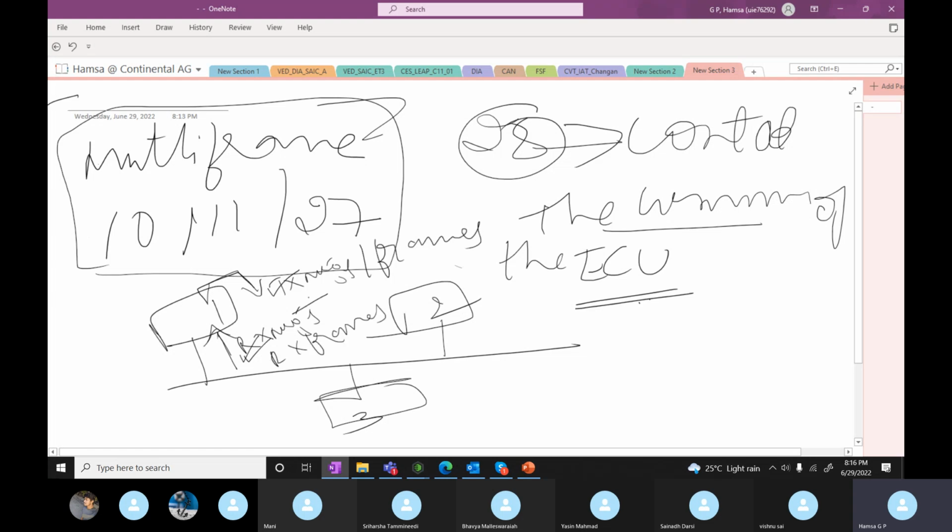So by using UDS, you can control whether this particular ECU can receive inputs or not. You can stop the RX messages from being received by this ECU.